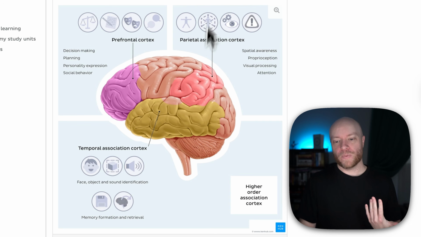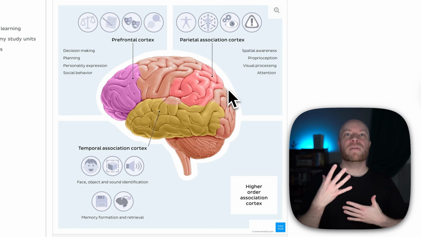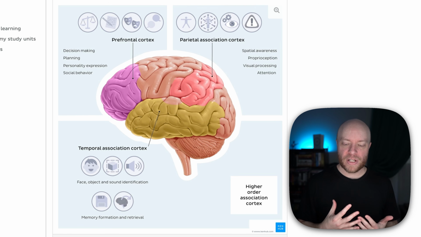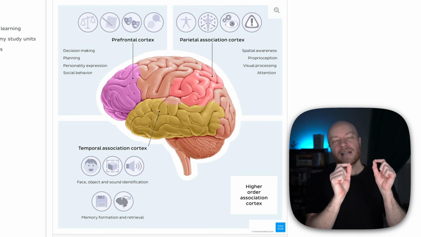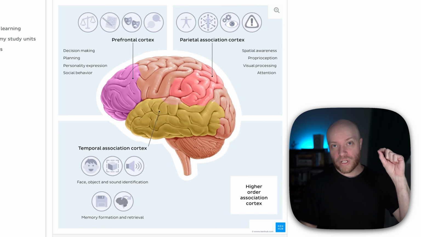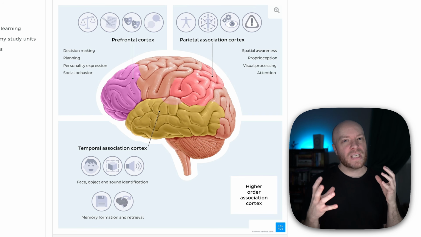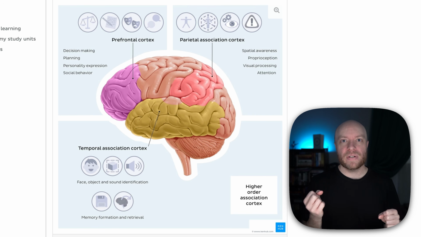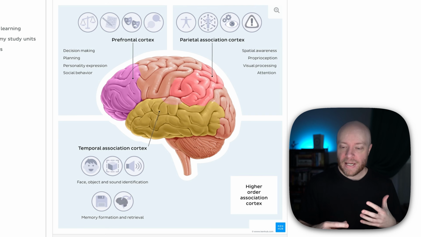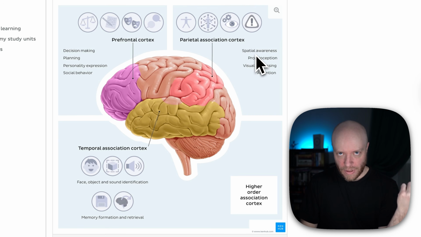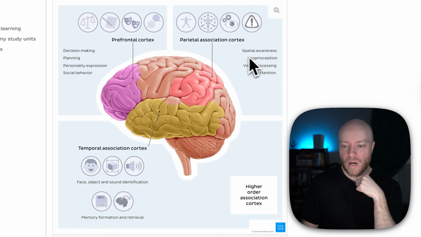Basically, my point here is, and I know I went fast with it, it's more just to show you that, yes, we can identify very specific areas and regions of the brain and say this is likely responsible for this, or at least mostly responsible for this. But it really starts to get interesting when you start blending it together and seeing how these things make sense. Because I even still approach this from a reductionist standpoint: oh, it's spatial awareness and proprioception and visual processing, attention.